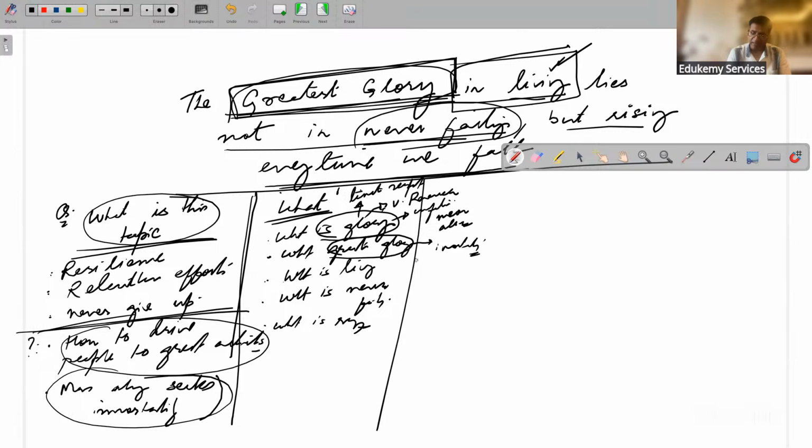The greatest glory probably elevates man beyond the lesser, regular mortals. The greatest glory in living, here living doesn't mean a regular life. Here living is probably a life with purpose. Here living means a life that is memorable.